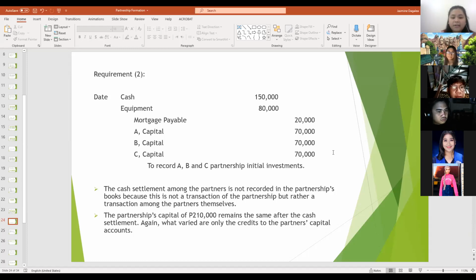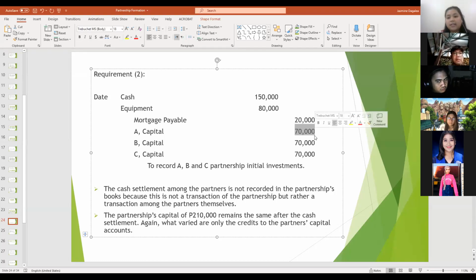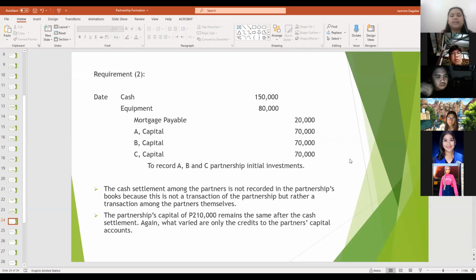Again, what varied are only the credits to the partners' capital accounts. So instead of 40,000 kay A kanina, 70,000 na yung na-credit sa kanya kasi binayaran niya si C. Instead of 100,000 yung ininvest ni C kanina, 70,000 lang yung na-credit sa kanya kasi nakatanggap siya ng 30,000 kay A. Bale, ni-reimburse lang ni A kay C yung 30,000 na difference. Gets?